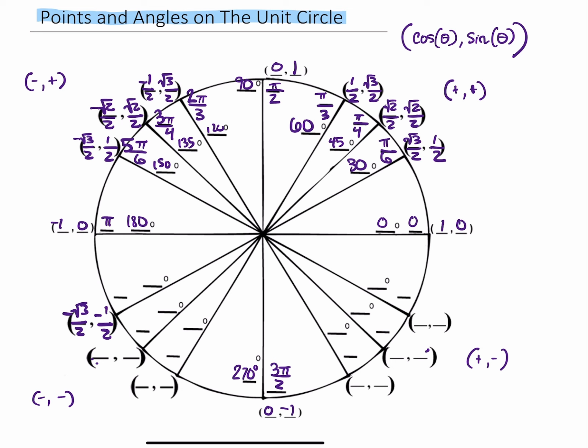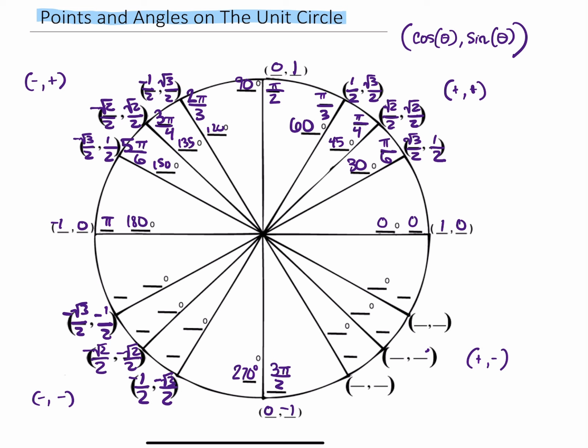Because now these exist on the same vertical line. They should have the same x value, and then the y value will be the negative version. So let's continue. This will now be in the middle, negative root 2 over 2, negative root 2 over 2, everything's negative. And the one down here will be negative 1/2, negative root 3 over 2.